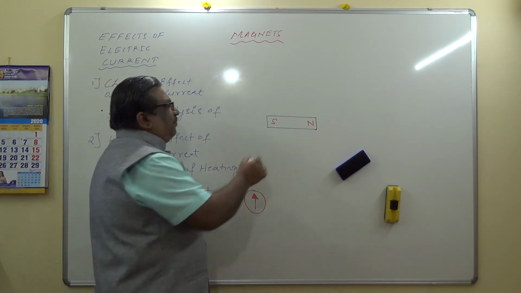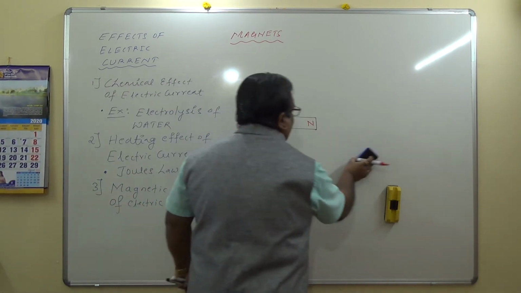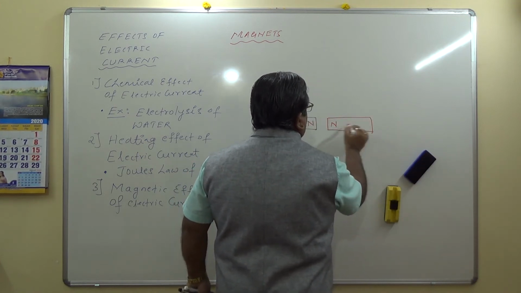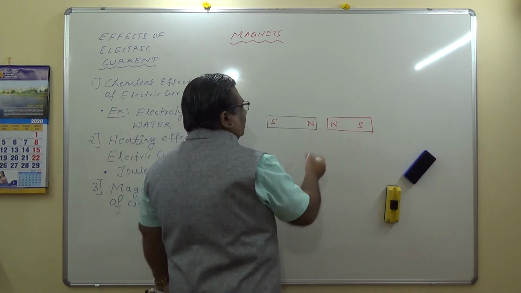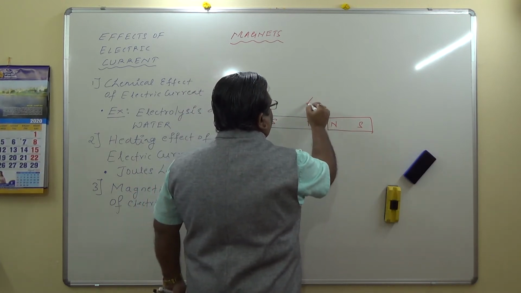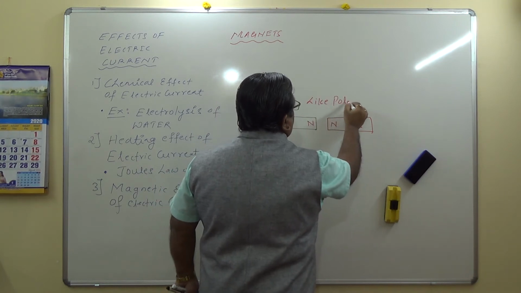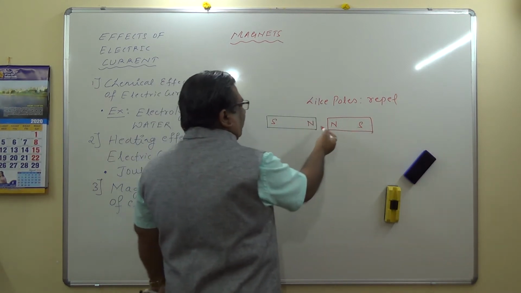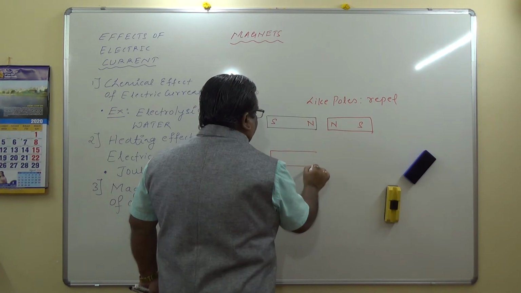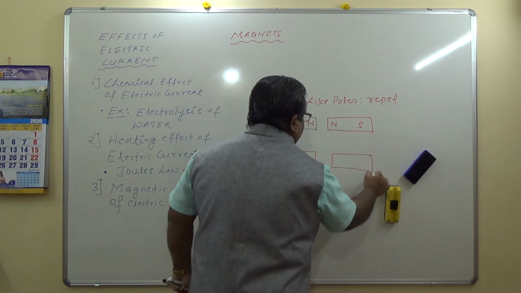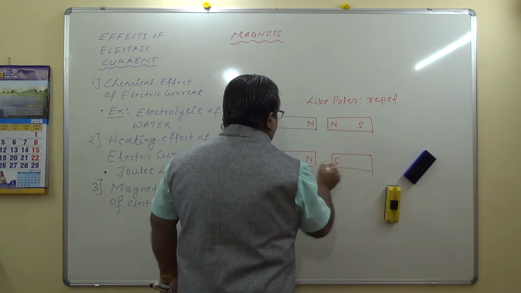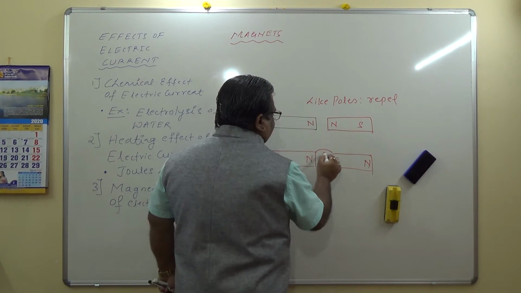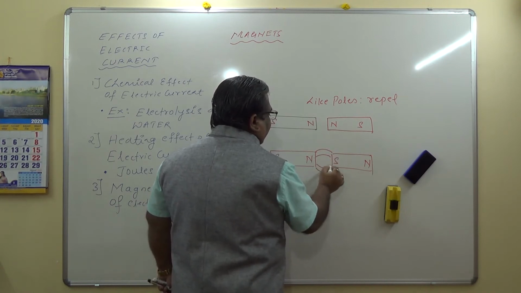Okay. So if this is a bar magnet over here, let us see a couple of properties. If I take one more magnet over here, if this is north pole and south pole, and north pole will repel. So like poles repel. There is a repulsion force between these. On the other hand, if I have two magnets, north and south, and south and north, there exists a force of attraction over here.